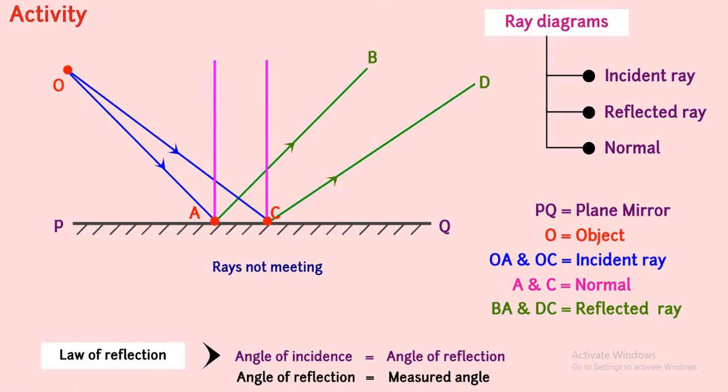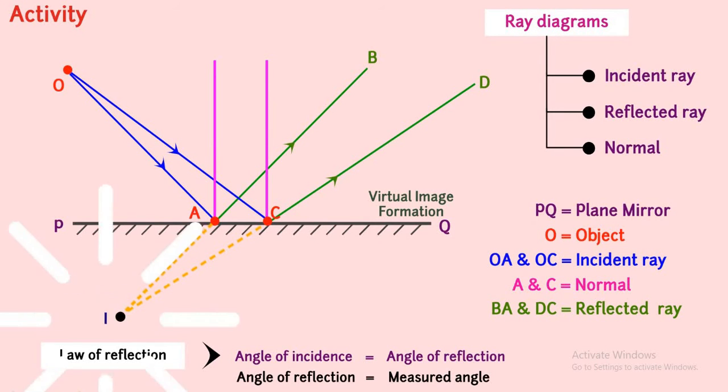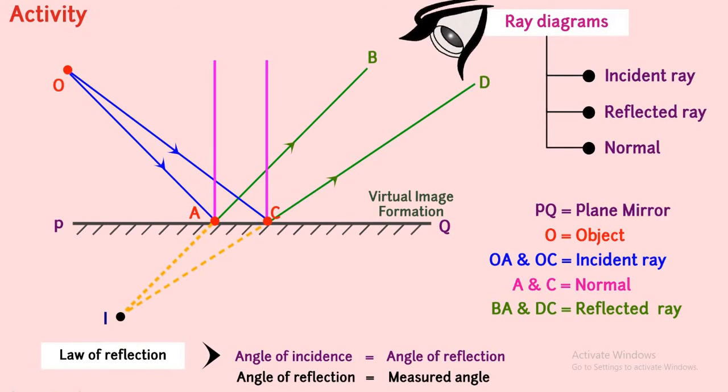It is because image formation by a plane mirror is virtual. To find the image, we must extend the reflected rays backward. These rays meet at point I. For a viewer, the rays entering the eyes appear as if they are coming from the image I. This is the diagrammatic representation of image formation by a plane mirror.